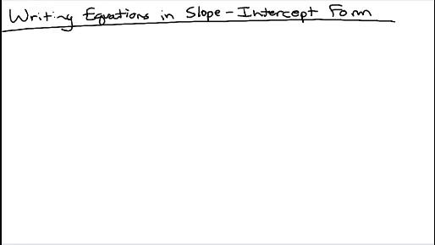All right, we've been writing equations in slope-intercept form when we've been given the slope and the intercept. But what if I'm not given both of those pieces of information? That's the idea today. Let's say they ask you to write the equation in slope-intercept form.